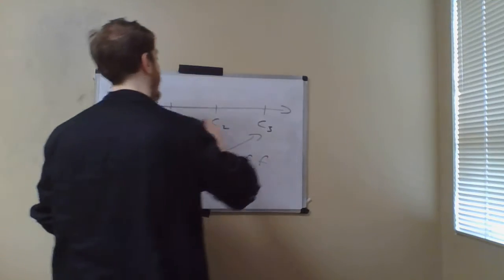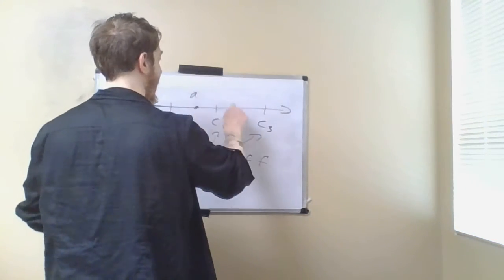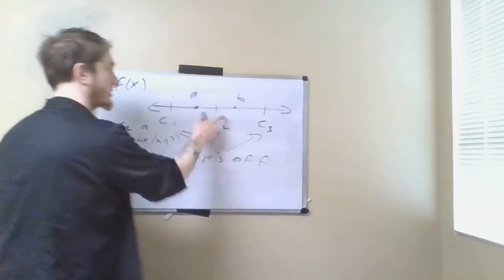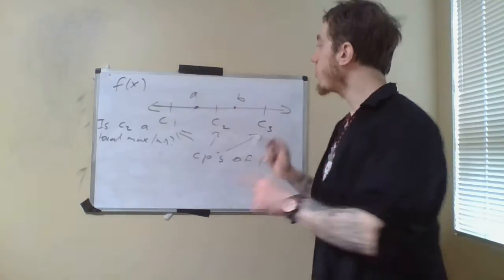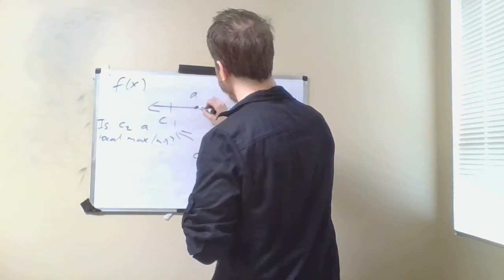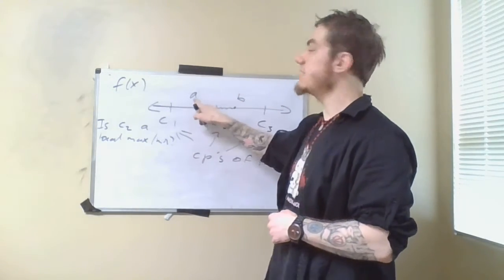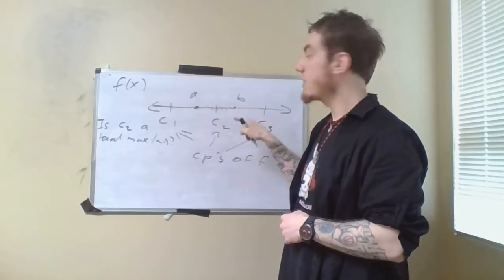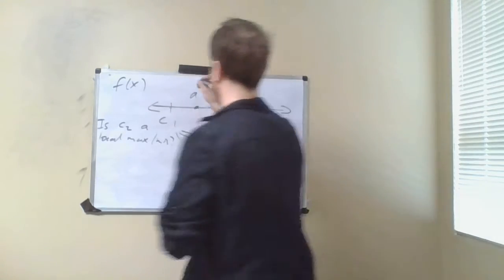I'm going to pick 2 points in here. I'm going to pick a point A and a point B on either side of this critical point C2. Now, the important thing about picking these points is that in the interval between A and B, C2 has to be the only critical point.